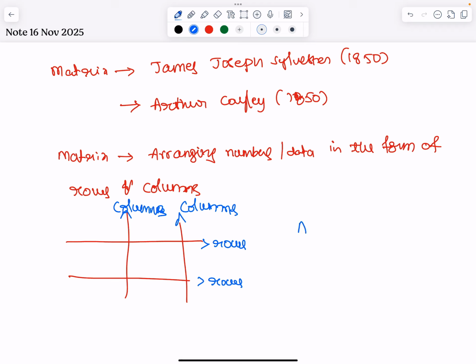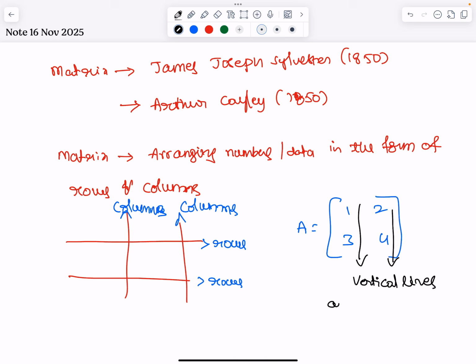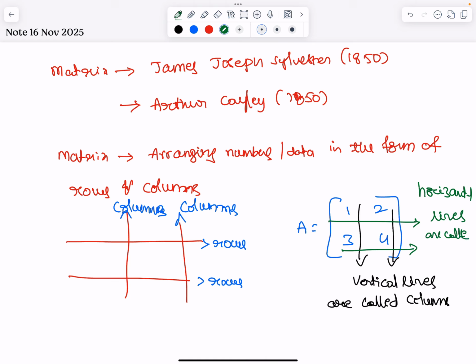So for example, A is equal to 1, 2, 3, 4. Then you call these vertical lines columns. The horizontal lines are called rows.